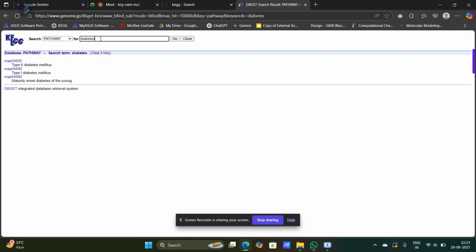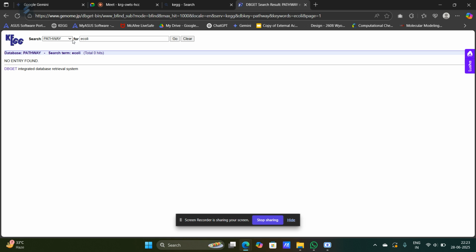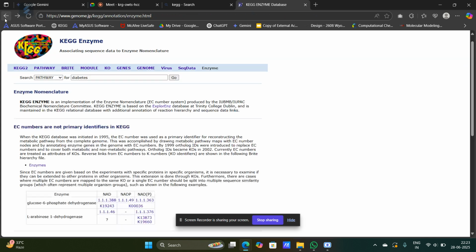And again, you can search pathway even through organism names. For example, if I want to know something related to E. coli, maybe I did not write the name correctly. Wait, just go to Kegg pathway.